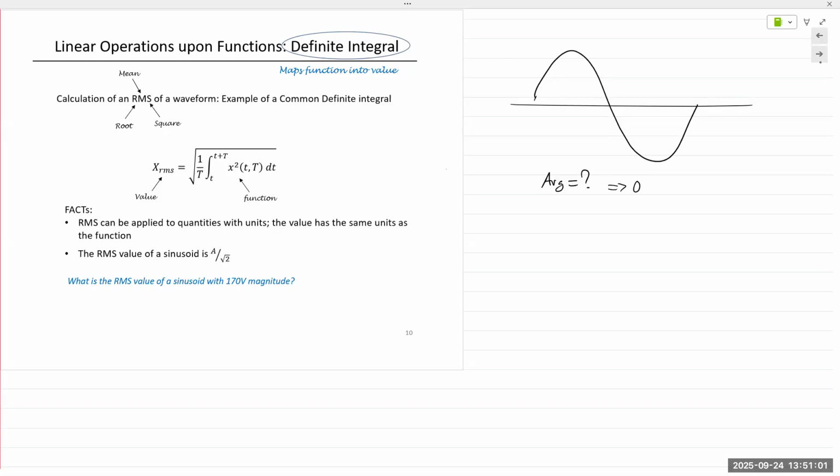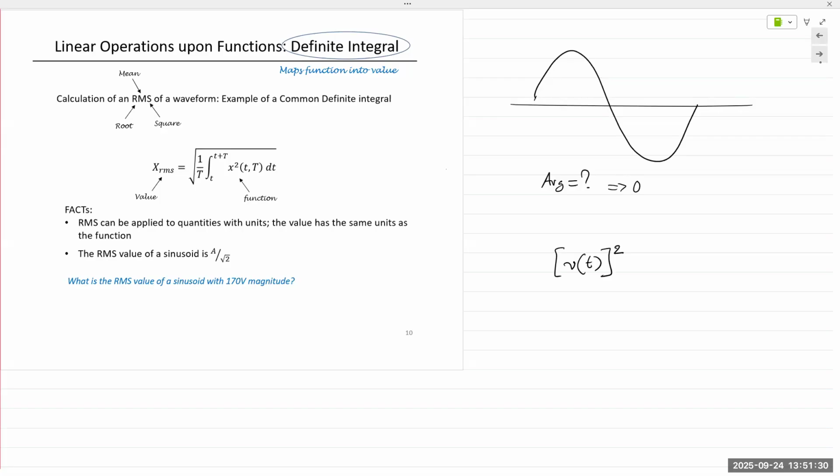So if you have this voltage, and this voltage is described as a function of time, because the value of this voltage changes at any given point in time, this function is described as V of t, voltage as a function of time. Instead of finding the average value of this function, we will first square the function.